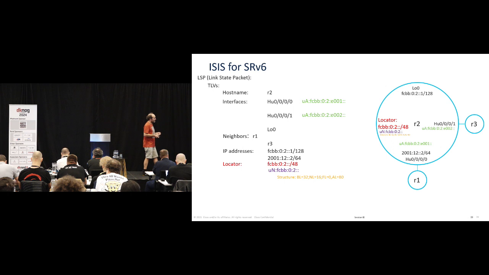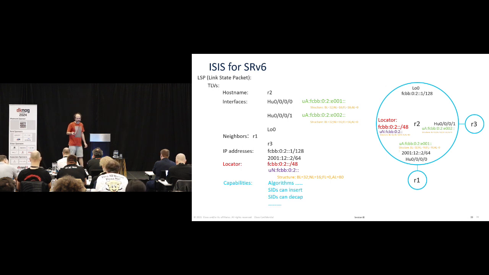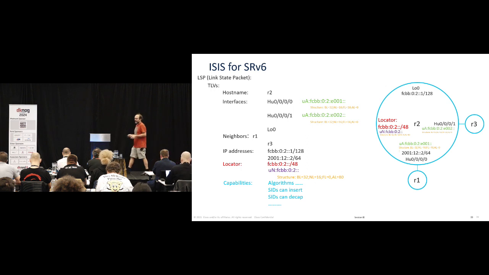Same for every interface. We already said we are advertising End.X functions, so those adjacency SIDs we are advertising, and again with the structure. And on top of that, we are advertising what we call SRv6 capabilities. So how many SIDs I can encapsulate, how many SIDs I can decapsulate, and so on and so forth.